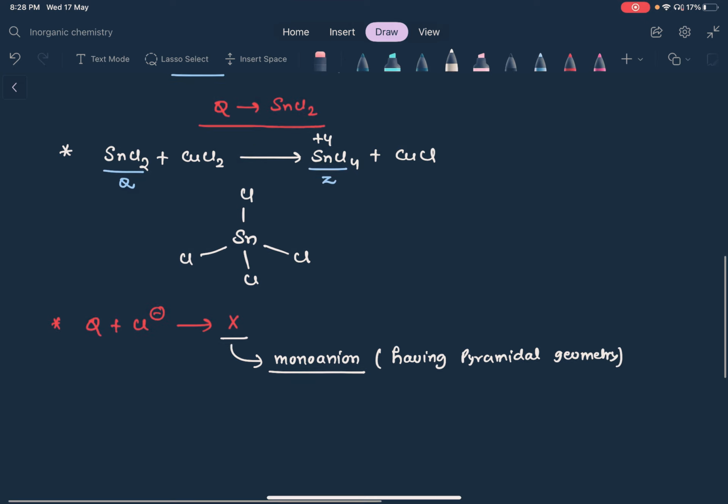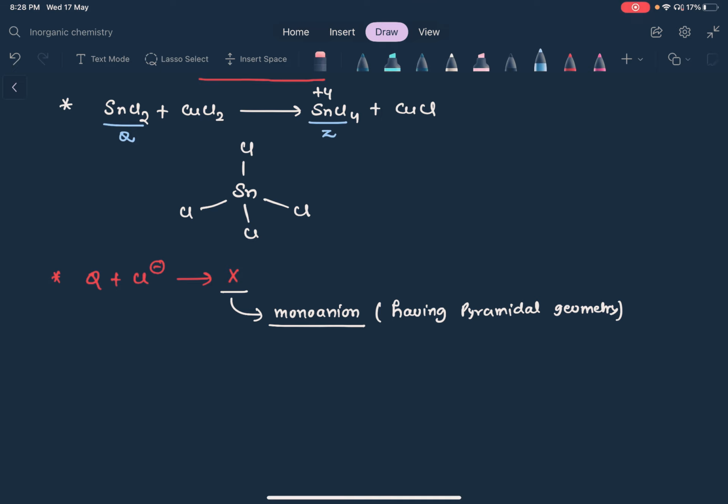We know that Q is SnCl2. Since X is a monoanion as well as having a pyramidal geometry, that means the central atom tin will have 3 atoms associated with it and one lone pair of electrons. The 2 chlorines were already there and we have to add 1 extra chlorine. Only then will the overall charge be -1.